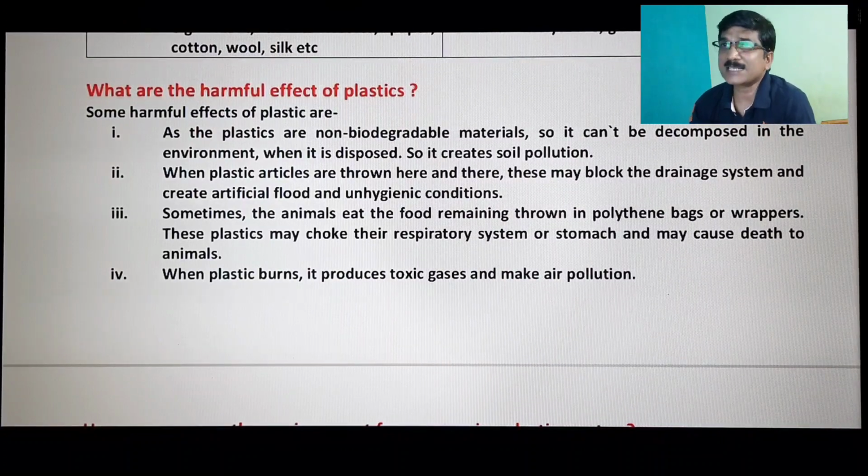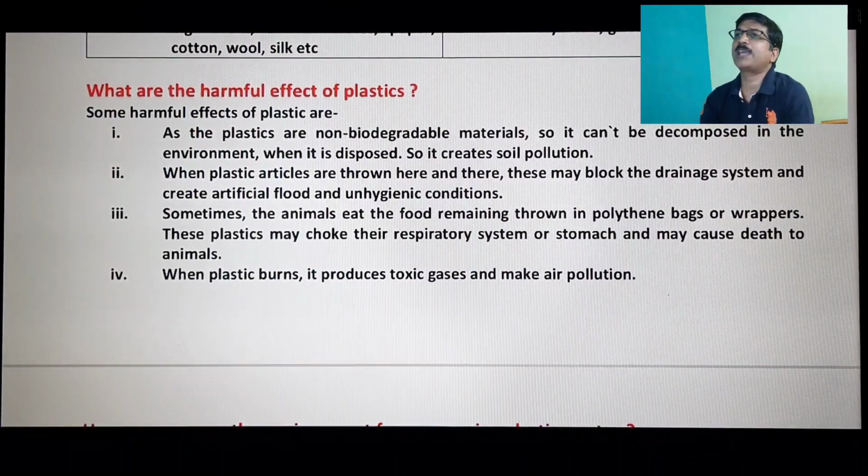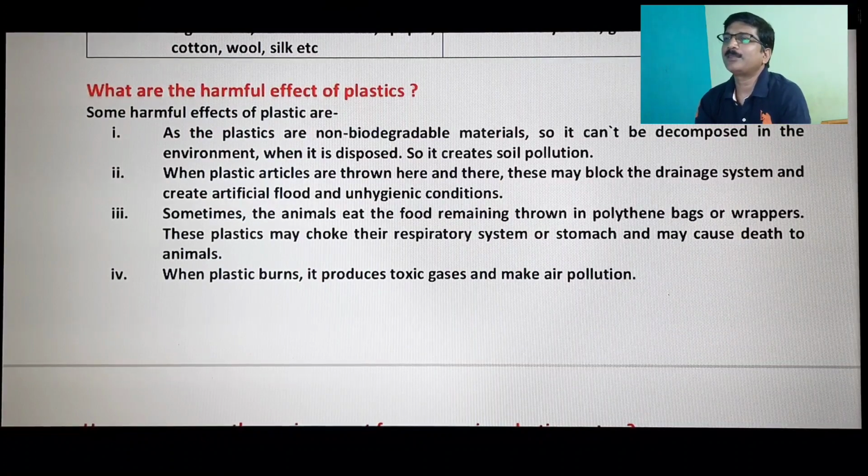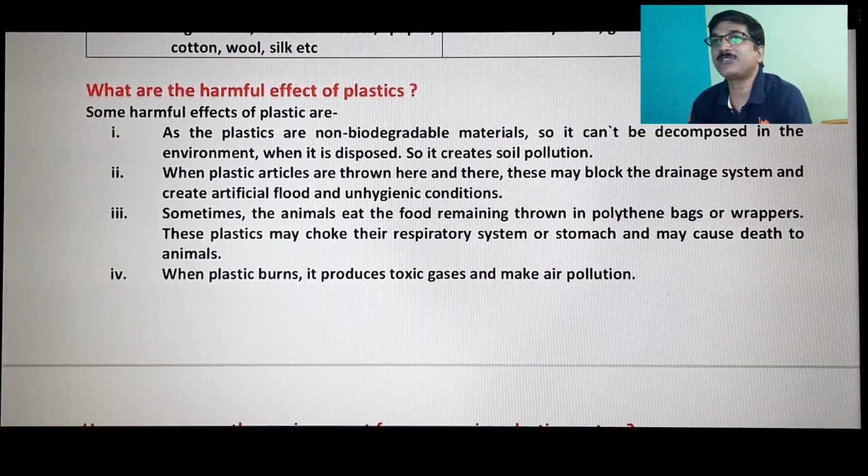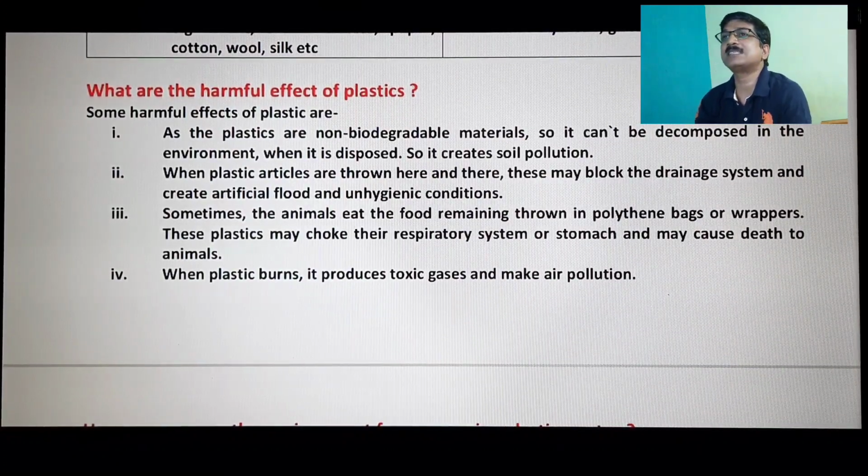When plastic articles are thrown here and there, they may block the drainage system, for which artificial floods and unhygienic conditions may be created.